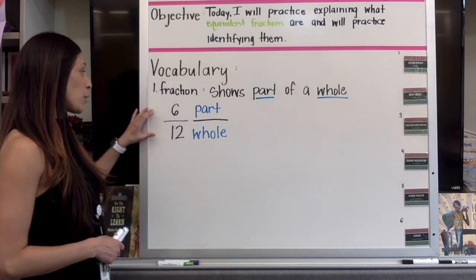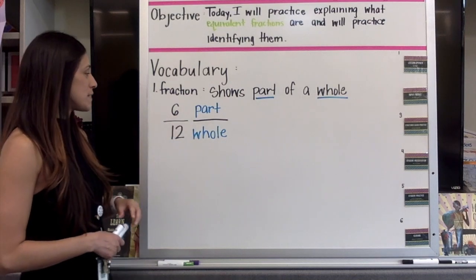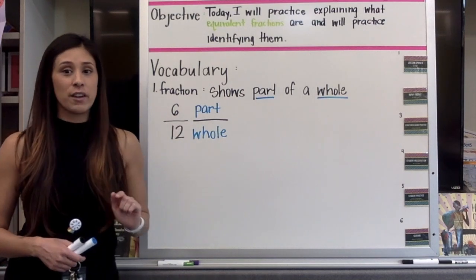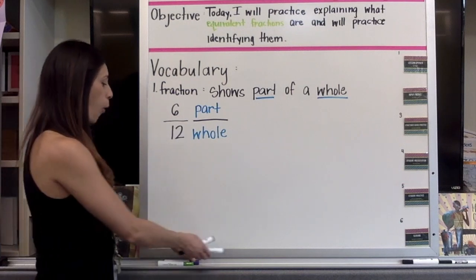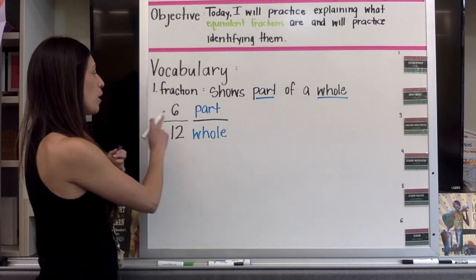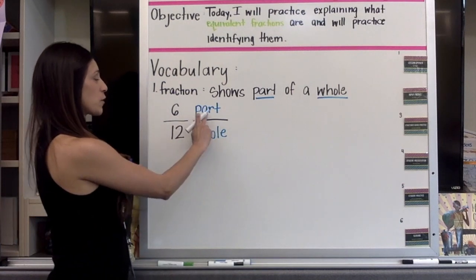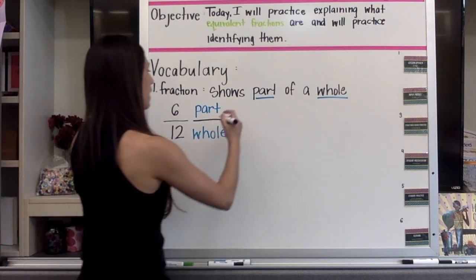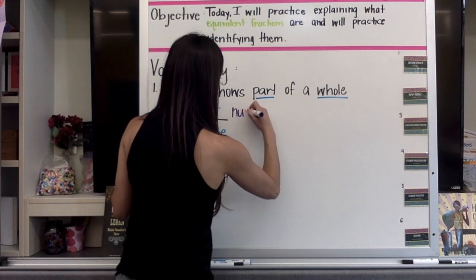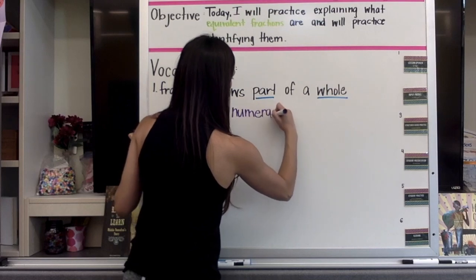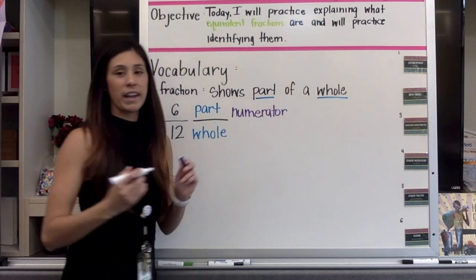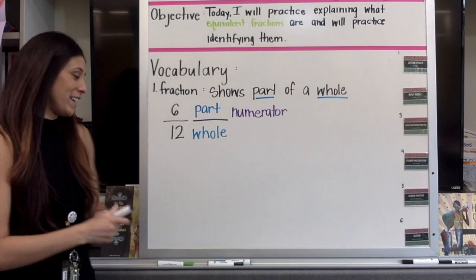But then I told you that these numbers actually have even fancier names besides just part and whole. I explained to you that the top number, which describes part of the whole, is actually called a numerator. Everybody say numerator. Great job.